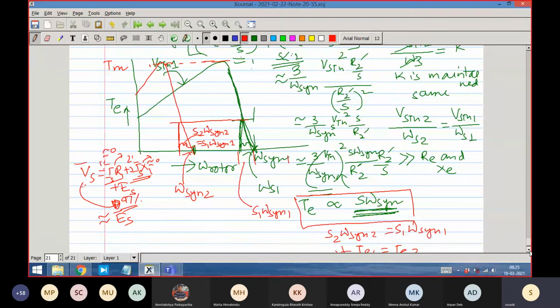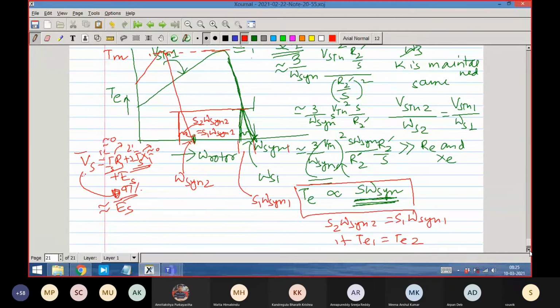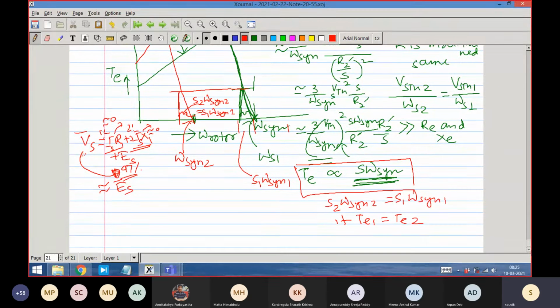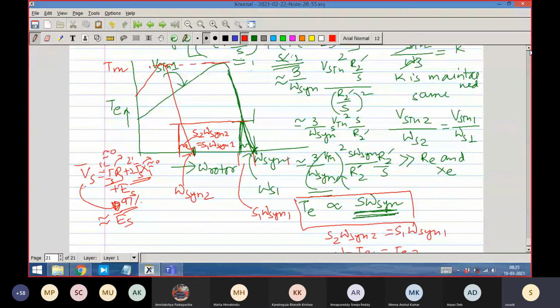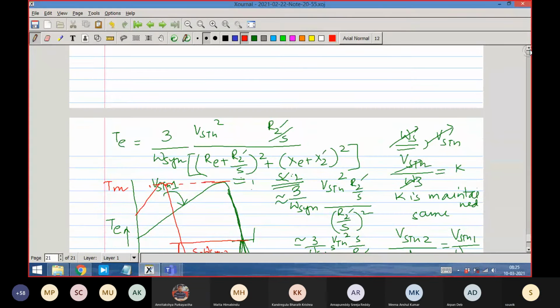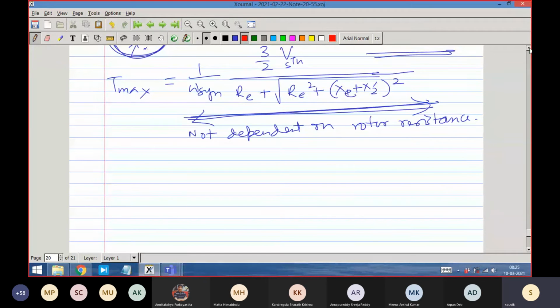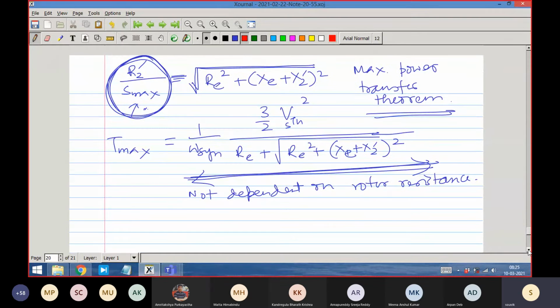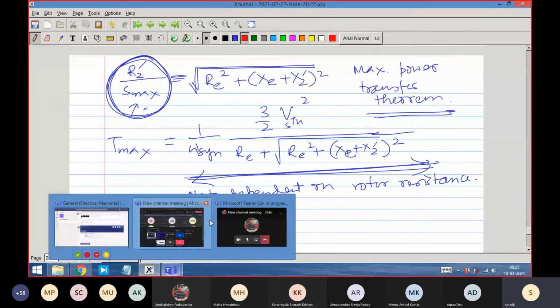Why is that constant? You can see the maximum torque expression and do some simple analysis. So what was the maximum torque expression? So this was the maximum torque expression. Here also we do a small manipulation. We multiply and divide.